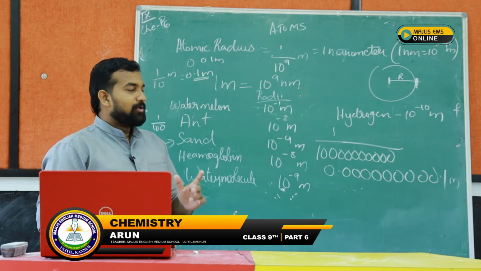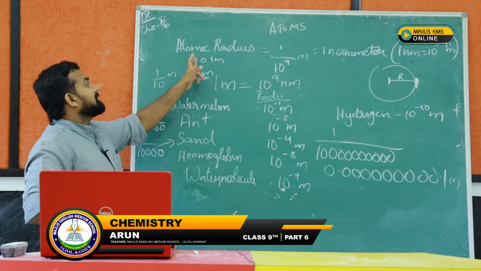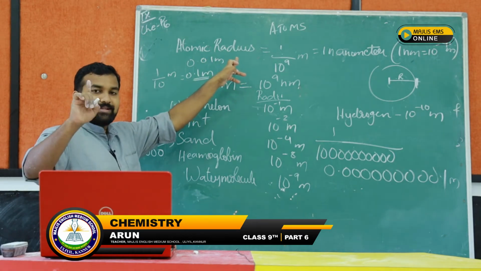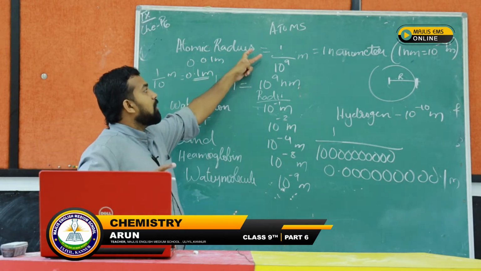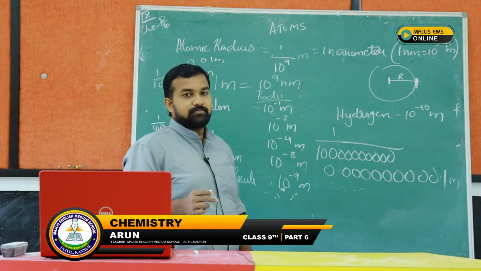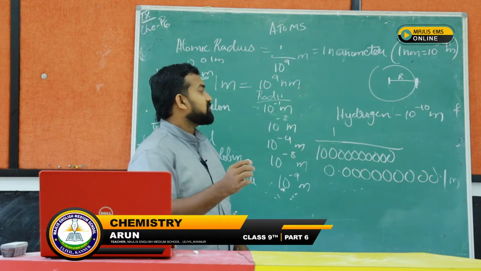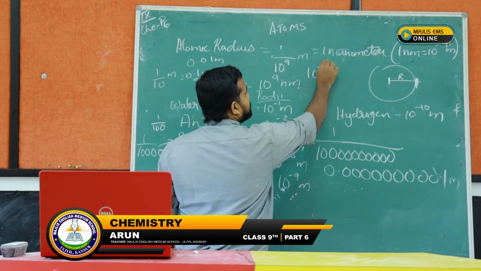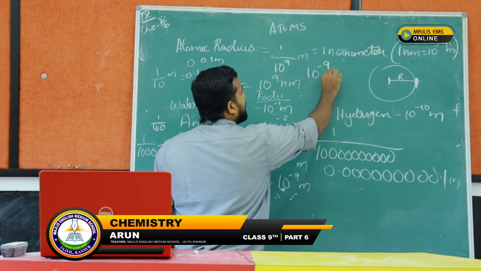Can you follow? Okay, so the atomic radius of a single atom is in general 1 by 10 raised to 9 meter.